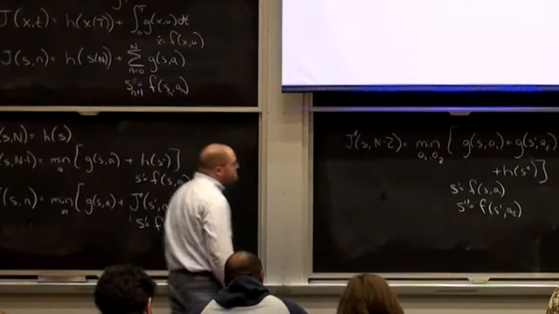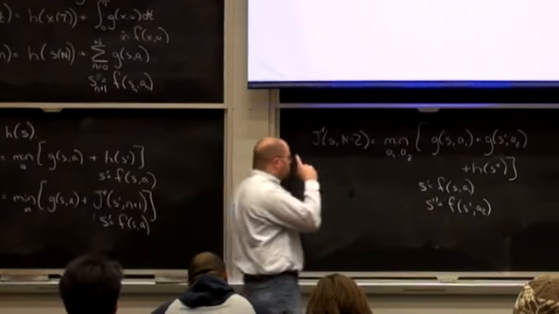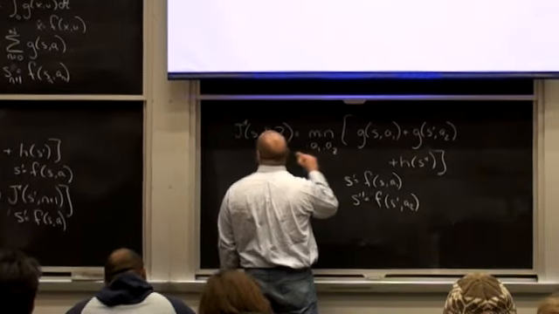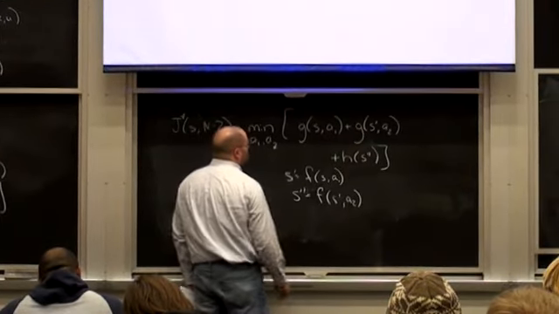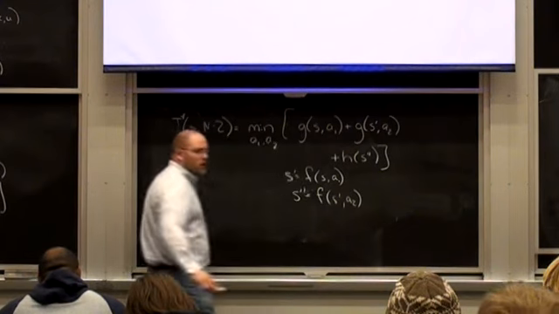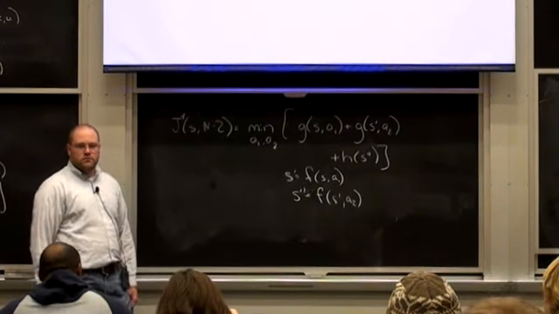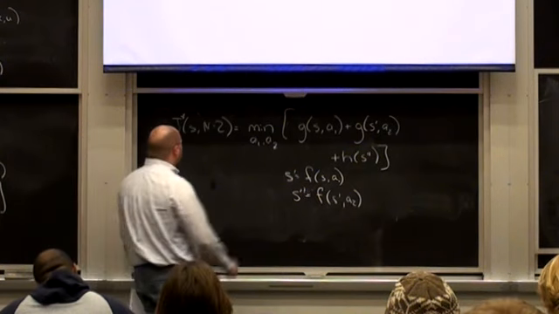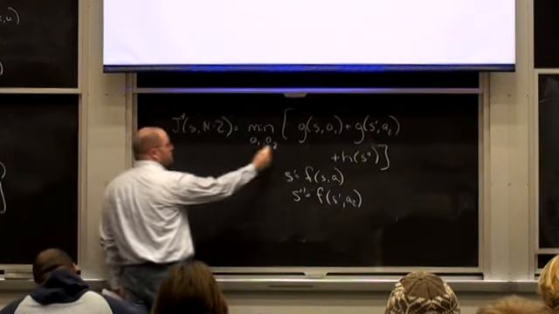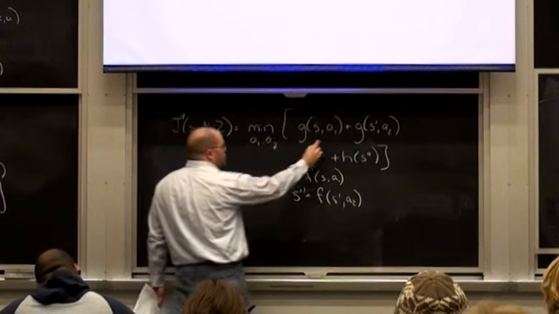I'm just expanding this sum for the last two G's. And the cool thing is that because of this additive form of G, this term doesn't depend at all on my decision A2. I'm given a current state S, and I have to decide my action A1.